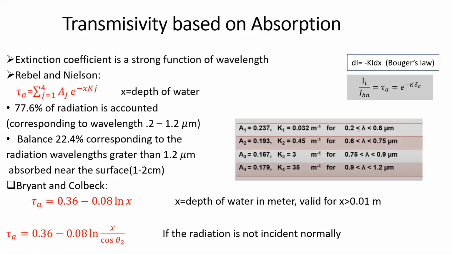In the 0.2 to 1.2 micrometer range only 77.6% of radiation is absorbed, and radiation greater than 1.2 micrometer is absorbed near the surface. 22.4% of that radiation is absorbed near the surface, within 1 to 2 centimeters.